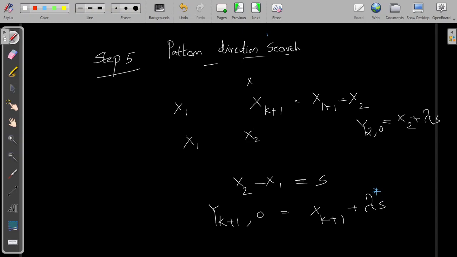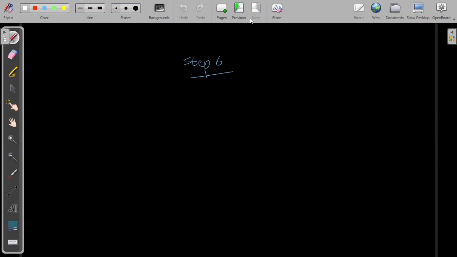In this case we will get the pattern direction as x3 minus x2, that is xk plus 1 minus xk. We will get the new pattern direction, and then we will go to step 6.